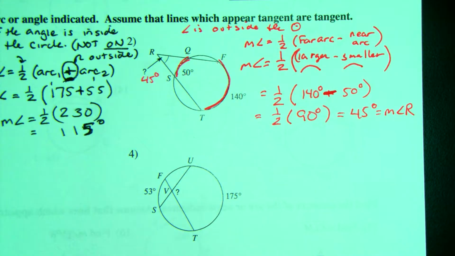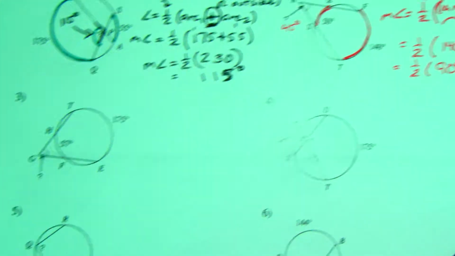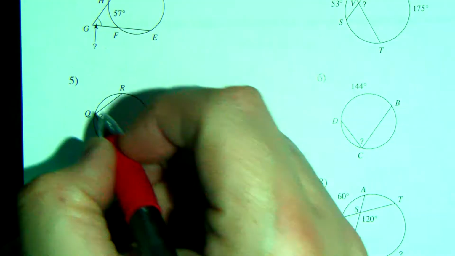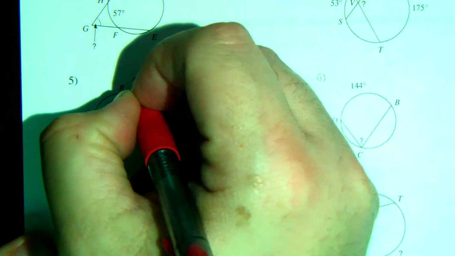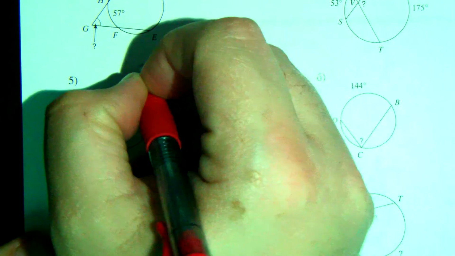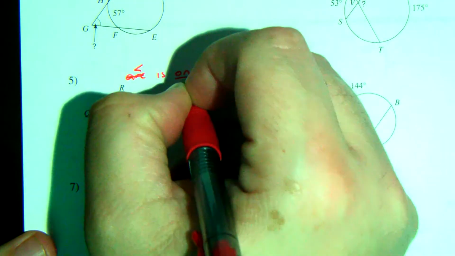Now, there's a third case. And number 5 is the third case. The angle is on the circle.